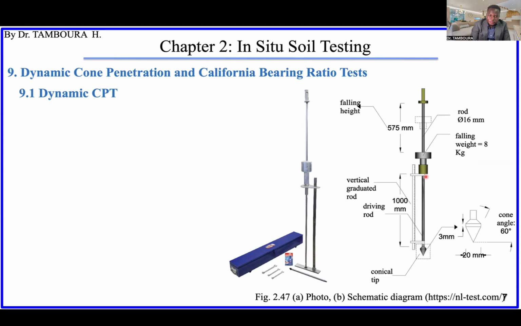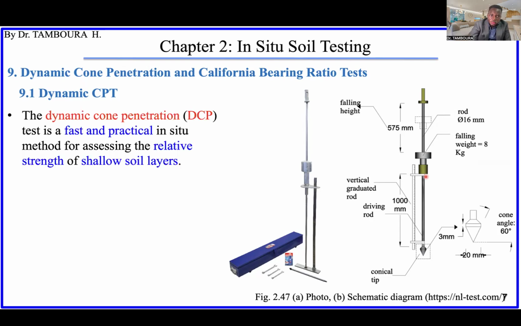Okay, so this dynamic cone penetration is actually much faster than the static one, and it is also practical, and people use it to assess the strength of shallow soil layers.